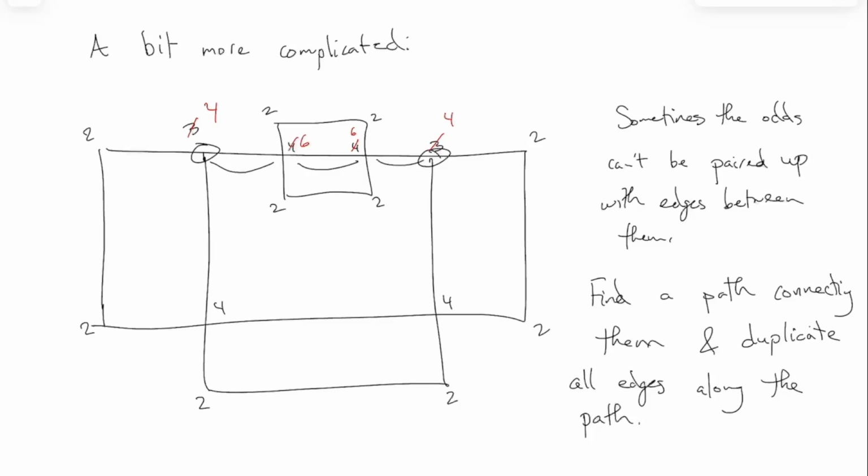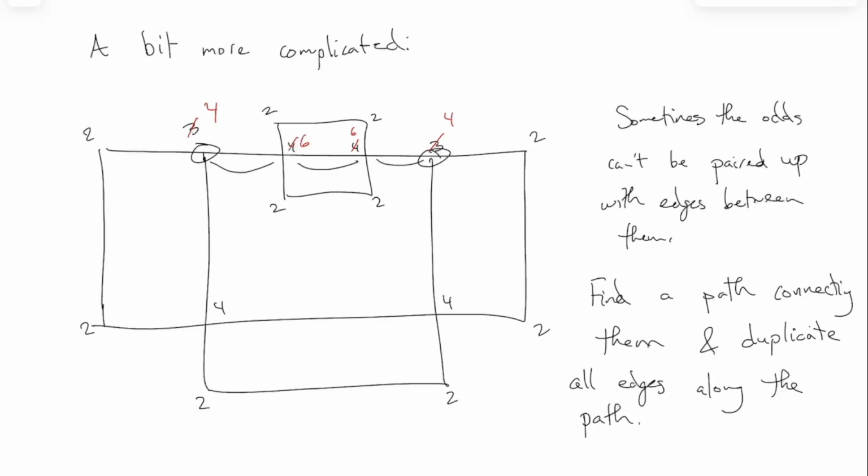Right? They are now all even, and so we should be able to do the same business with our minimum duplication circuit. So this is the only thing that can happen with this little bit more complicated situation. Sometimes the odds cannot be paired up by individual edges, which means you have to find a path and just duplicate all of the edges along that path. All right?